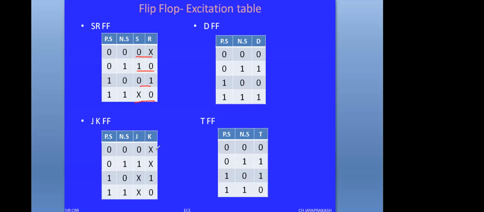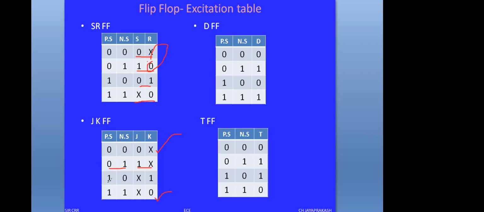Similarly, for the JK flip-flop, the first condition and last condition are identical to SR. That is the 0 0 condition and the 1 1 condition are similar to SR. But for the remaining conditions, when present state is 0 and next state is 1, it is 1 don't care, whereas for SR it is 1 0.